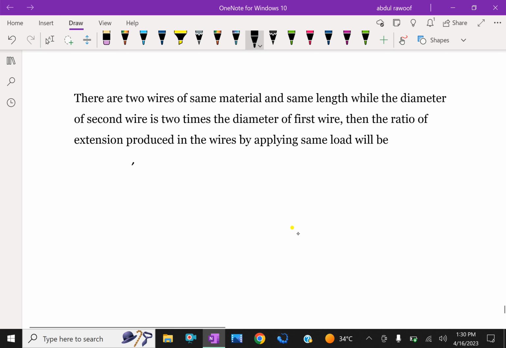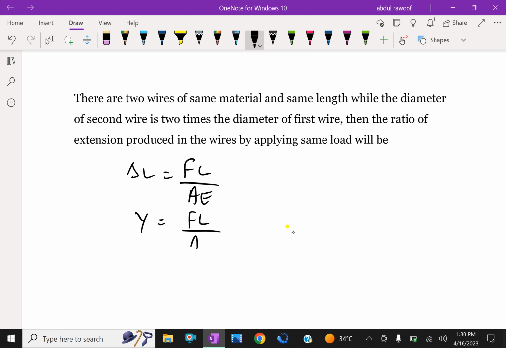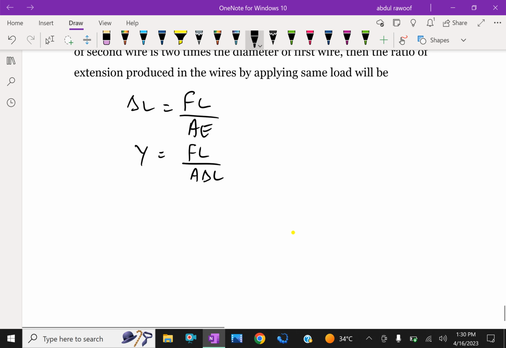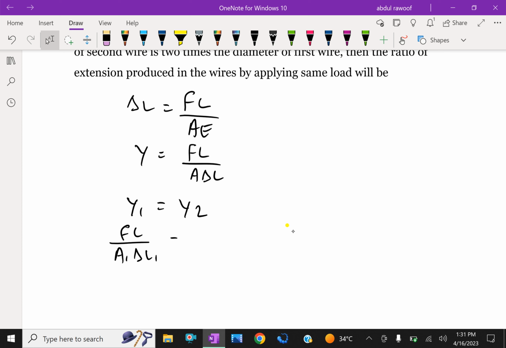Here we know that delta L equal FL by A Y. From this we can write Young's modulus Y equal FL by A delta L. Now both are the same material, therefore Young's modulus is equal, Y1 equal Y2, that is FL by A1 delta L1 equal FL by A2 delta L2.